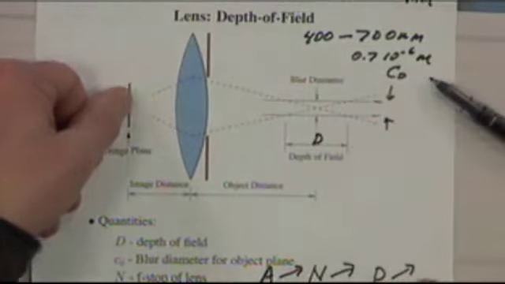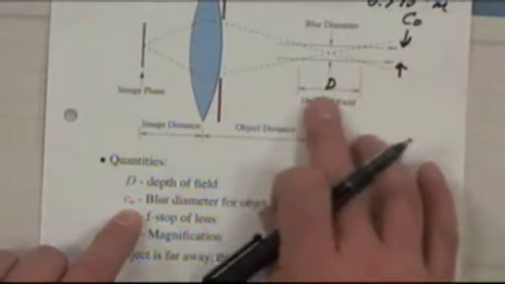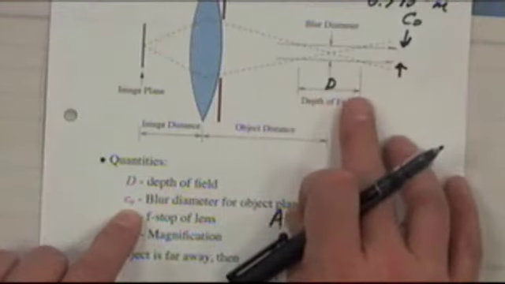So you have the following expression here. The point spread function c0 is the blur, that is, the blur point spread size in the image domain. D is the depth of field, N is the f-stop of the lens, and M is the magnification.